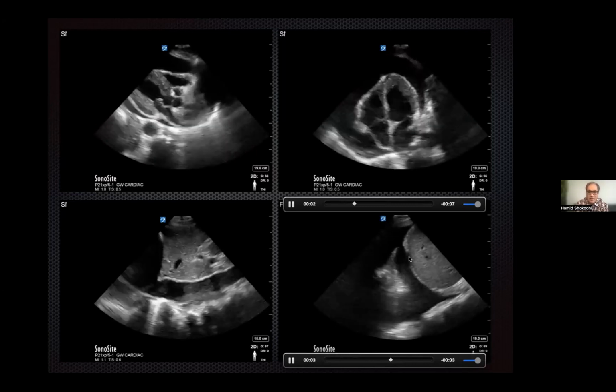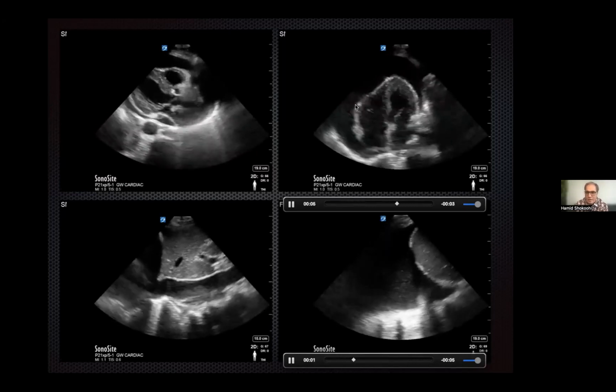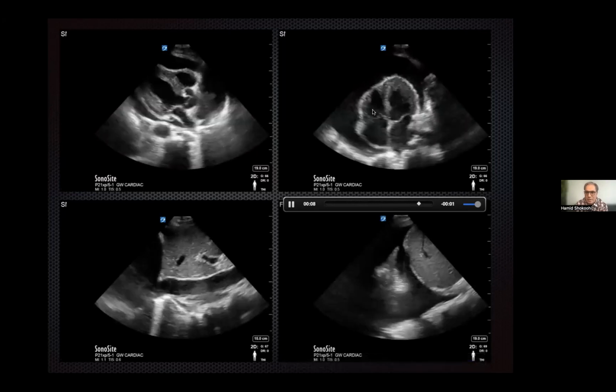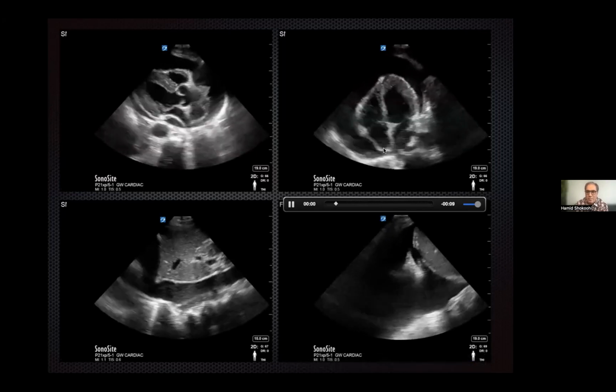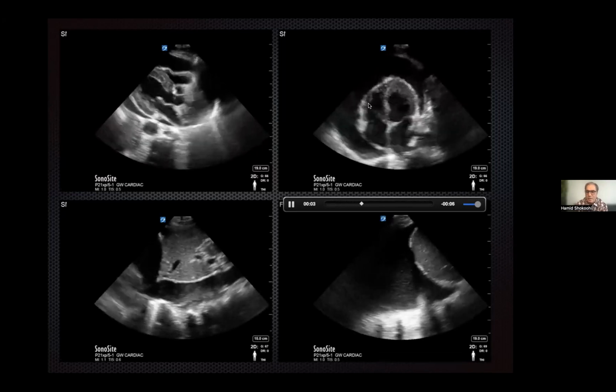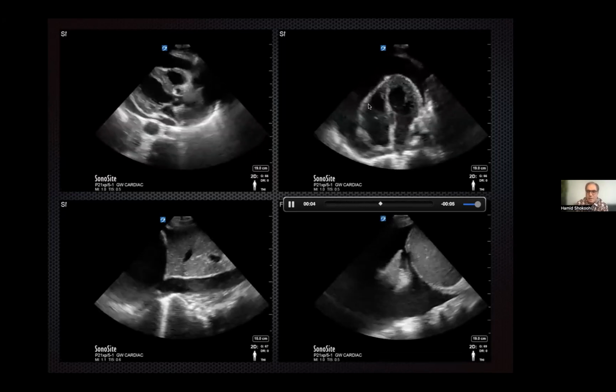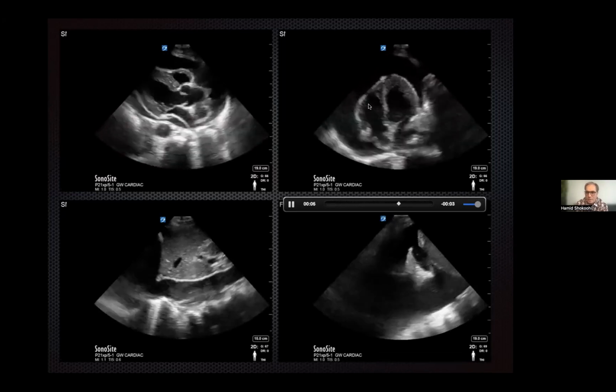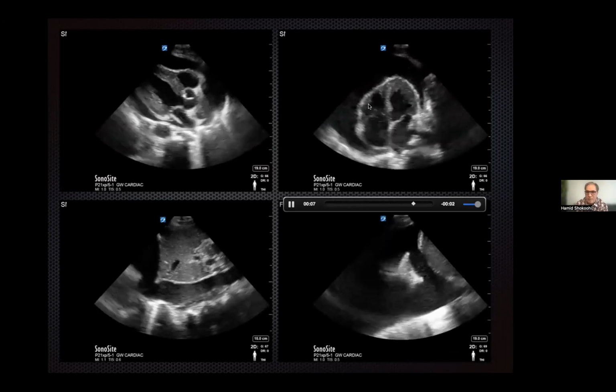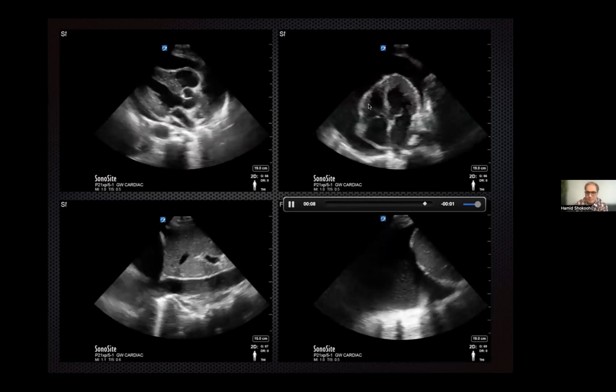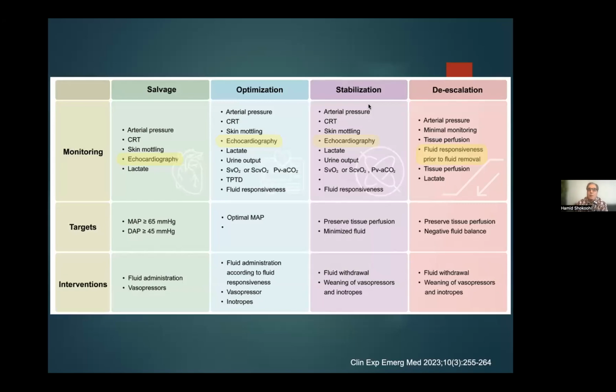The reason that you see that is the pressure is not pushing on the RV, because the pressure inside is high and is preventing collapse of the RV, despite the fact that this patient is in severe tamponade.